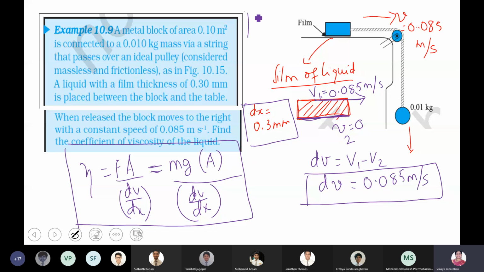If I place a block which has a larger surface area, then your film will become thin, but still its area will widen, right? The area of the film is not given. Area of the block is given. So for the area of the liquid, you have to go for the area of the block.